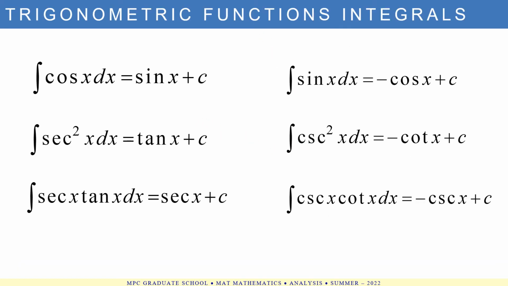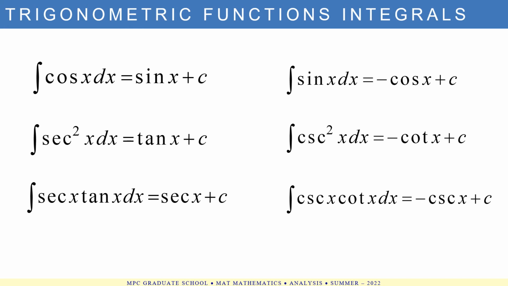Our focus in this discussion is the integrals of the six trigonometric functions. We have the integral of cosine x with respect to x is sine x plus c. The integral of sine x with respect to x is negative cosine x plus c. The integral of secant squared x with respect to x equals tangent x plus c.